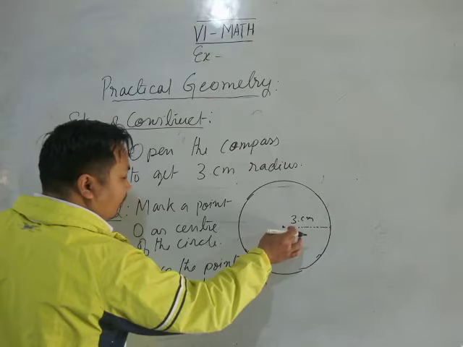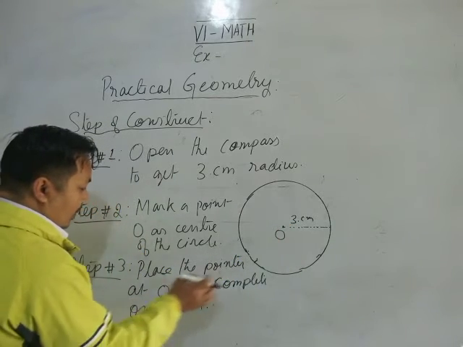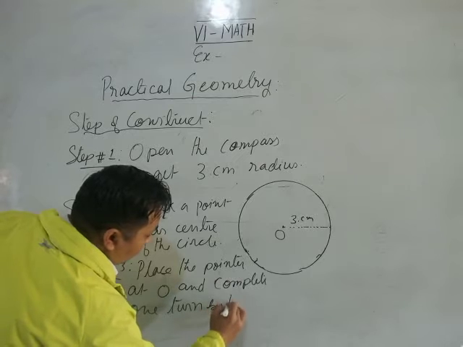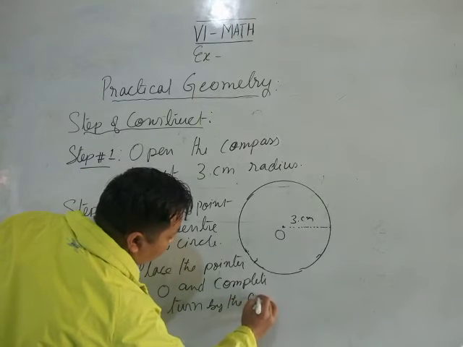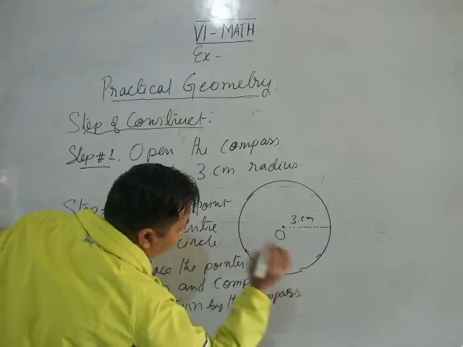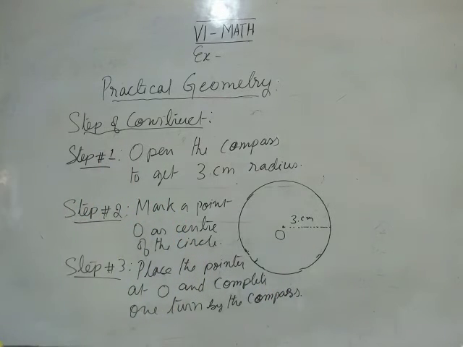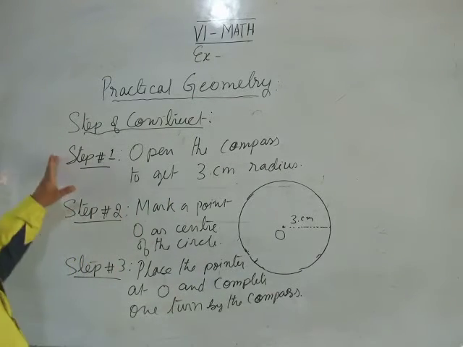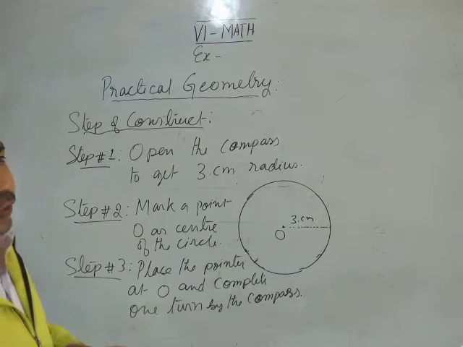Place the pointer at point O and complete one turn of the compass. That's all. Then we finish. So this is the required circle to be constructed, isn't it? So these 3 steps are only required in your construction.